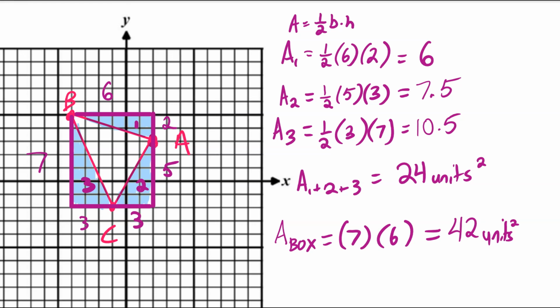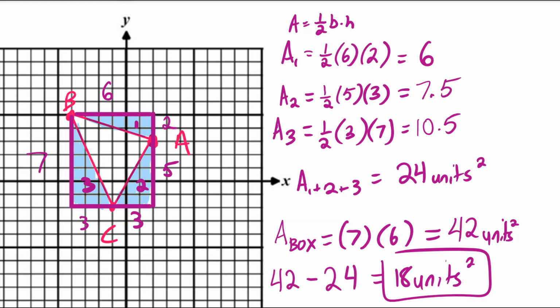And to find the area of the white part in the middle, I can take the area of that rectangle, or the box, subtract away the area of the surrounding right triangles, and I get 18 units squared for the area of that white triangle in the middle that we were looking for. So the strategy is box it in, find the area of the surrounding right triangles, and subtract away.